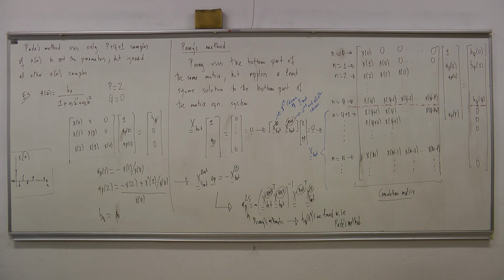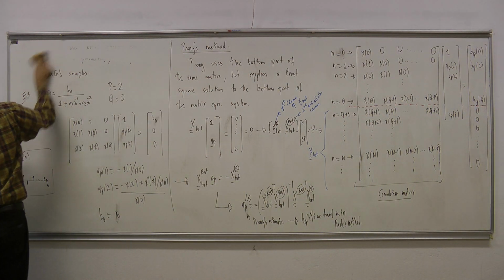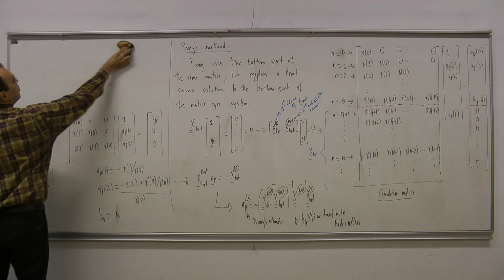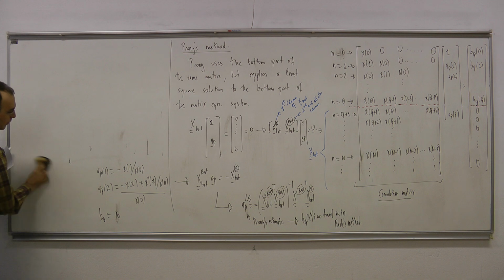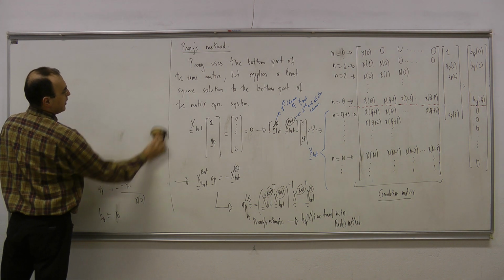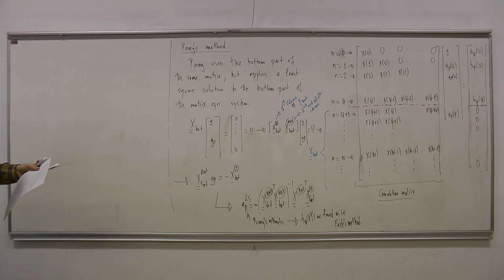So in order to understand this a little better, this is the solution actually. We are done with Prony's method, but I want to understand this Prony's method a little bit better. So I'll be defining the optimization problem, the least square problem, and looking at the equations one more time.